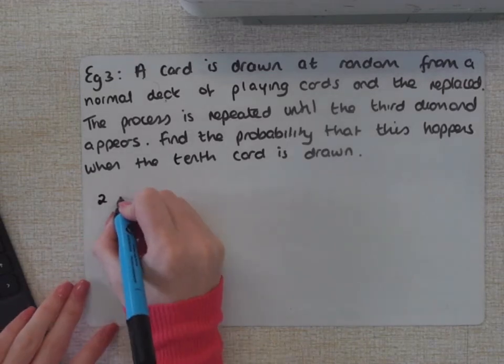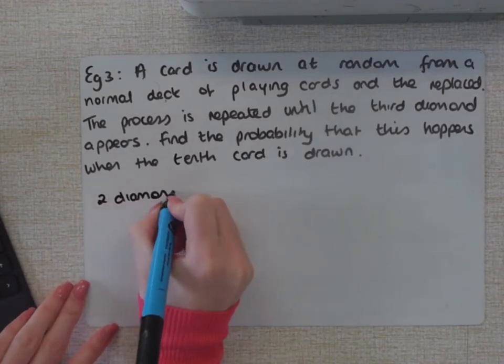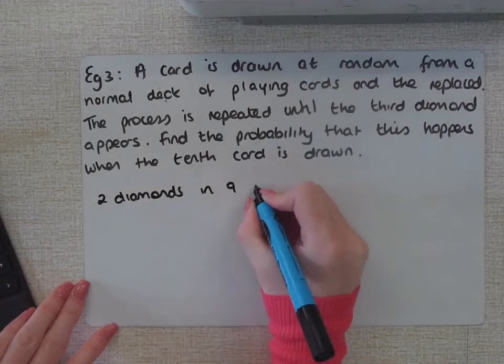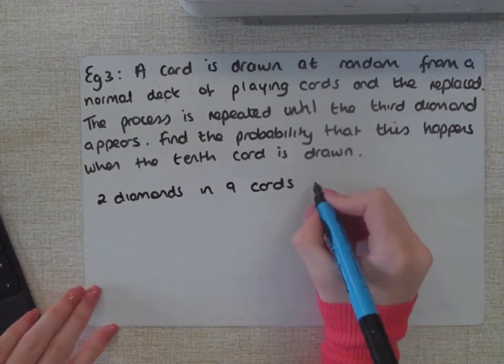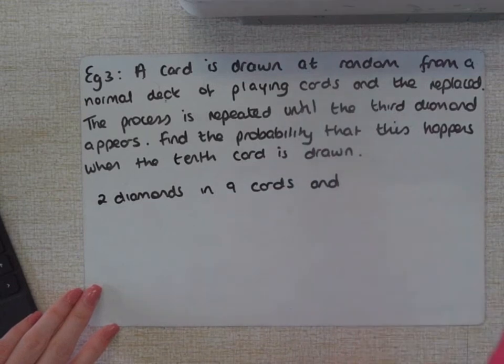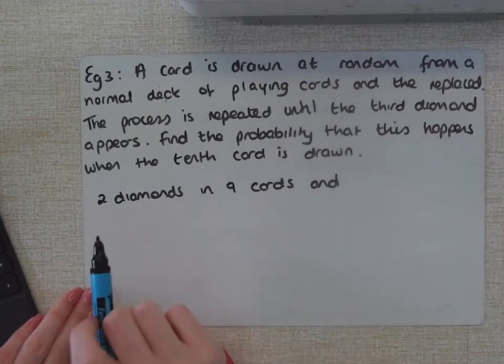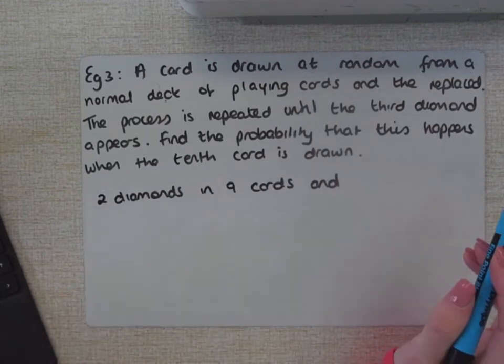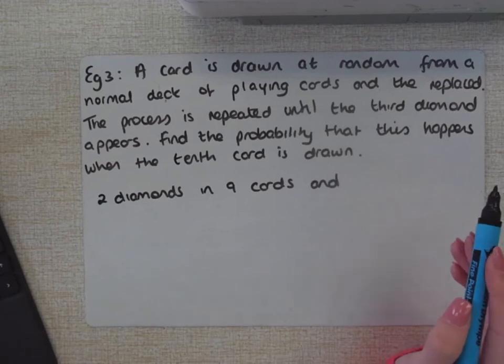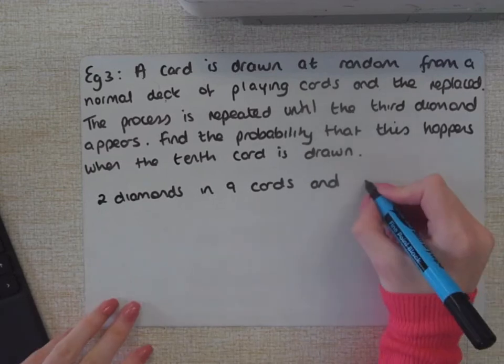So that means 2 diamonds in 9 cards, exactly. And then for the 10th, what is the 10th card going to be? A diamond, and then a diamond.